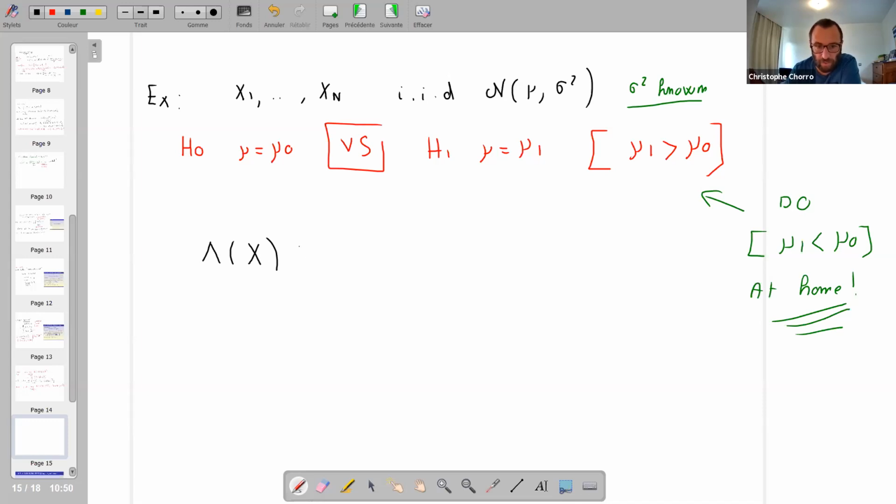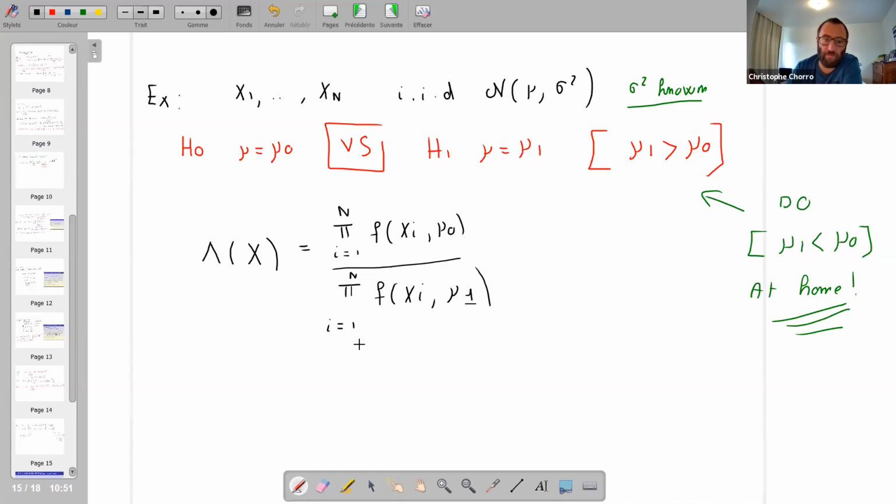Let me remind you that it is the product from i equal to 1 to capital N of f of xi mu 0 over the product from i equal to 1 to N of f of xi mu 1.